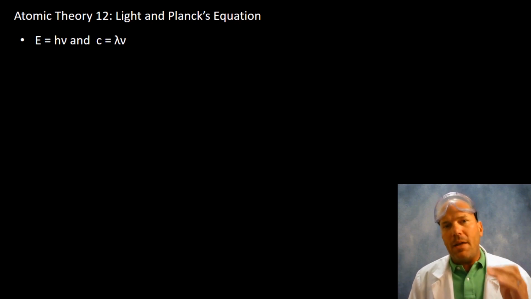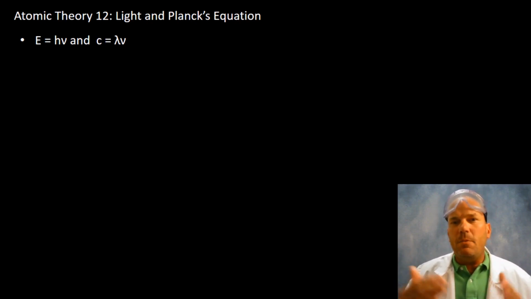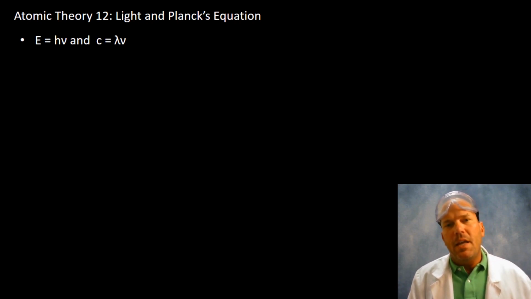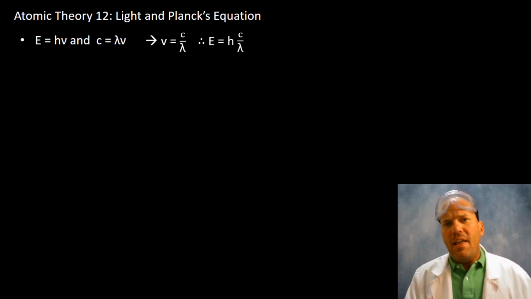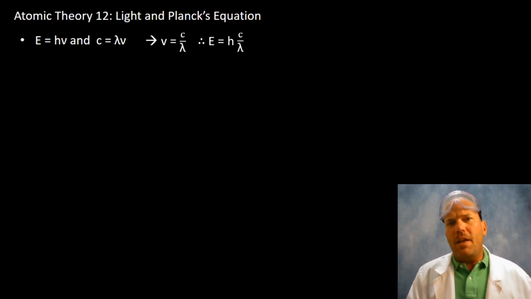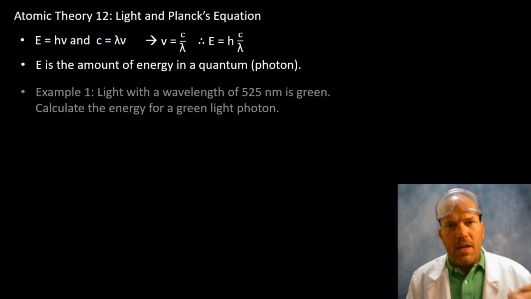We also talked about the fact that the speed of light is equal to the wavelength multiplied by the frequency, and that if you were to rearrange one of these equations in terms of the other, you could have a mathematical relationship between energy, speed of light, wavelength, frequency, and Planck's constant. In this equation, E is the amount of energy in a quantum or a photon.